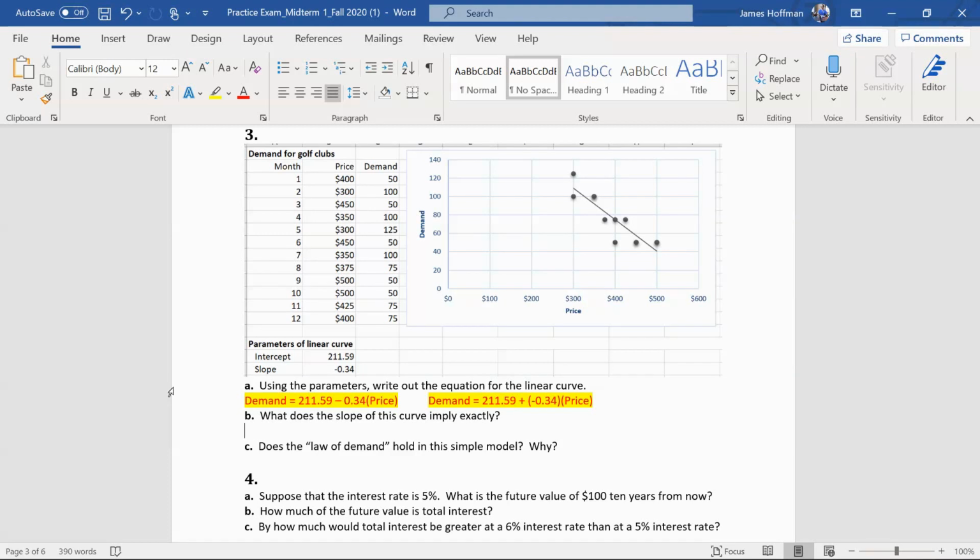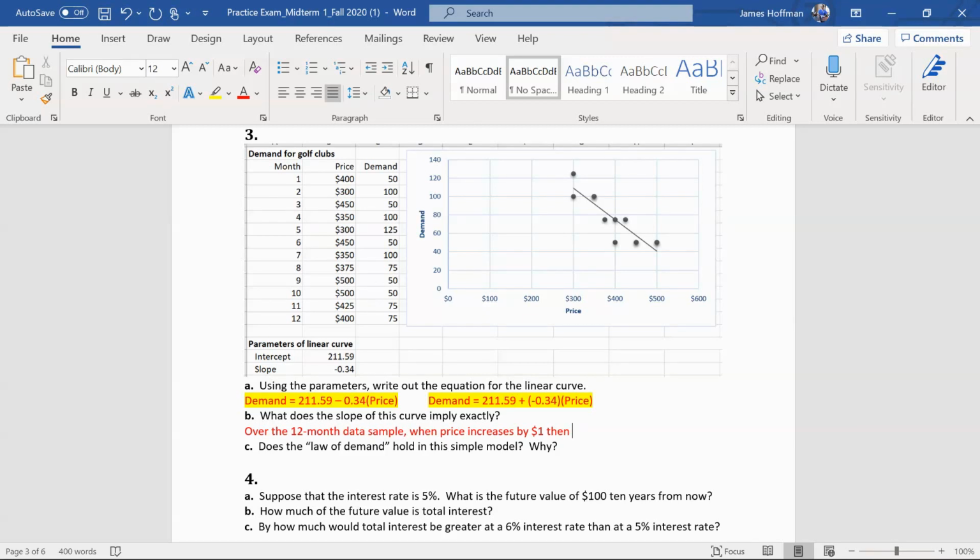So we can say that over the 12-month data sample, this is what we saw when price increases by 1 unit, which is $1, then the negative 0.34 is the effect on demand.